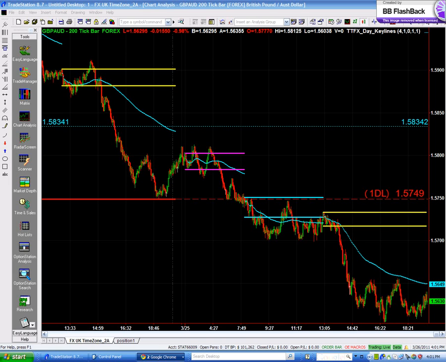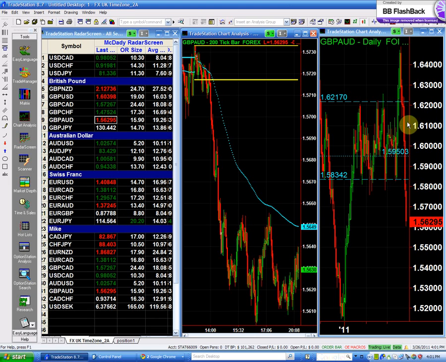I'm looking for a continuation to the downside, and I just want to make sure that it trades below the low of the day. Again, you have seen this is major capitulation from 164 from last week.